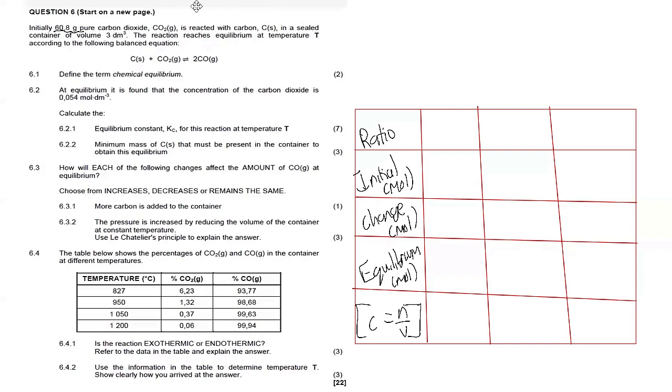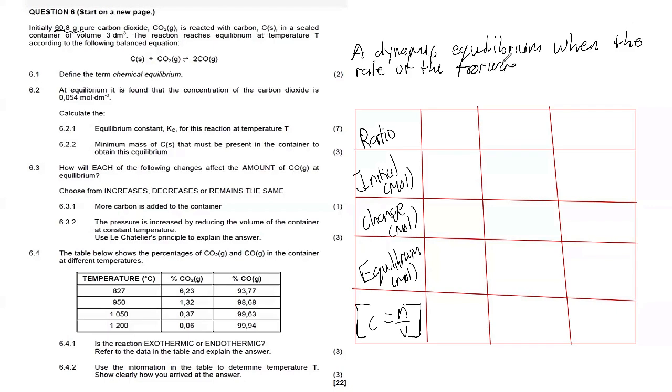So how do we define chemical equilibrium? We say chemical equilibrium is a dynamic equilibrium when the rate of the forward reaction is equal to the rate of the reverse reaction.